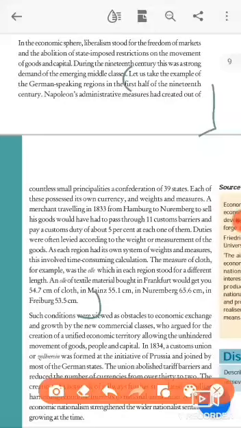See, for example, if a merchant travelled from one place to another in that setup, that person had to pass through 11 custom barriers. Two places are given, Hamburg and Nuremberg.